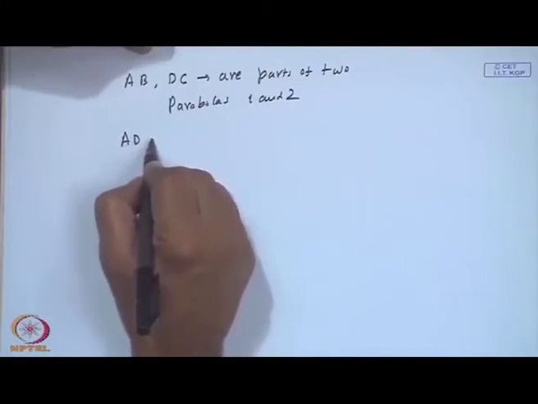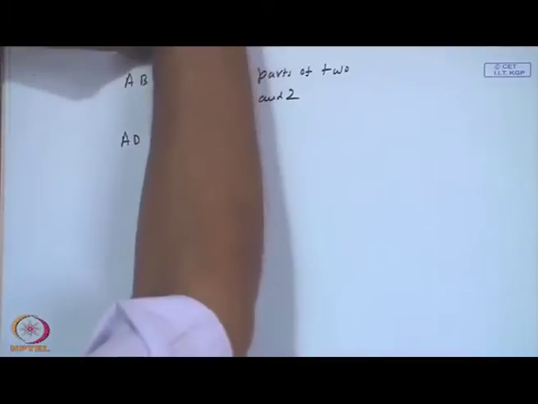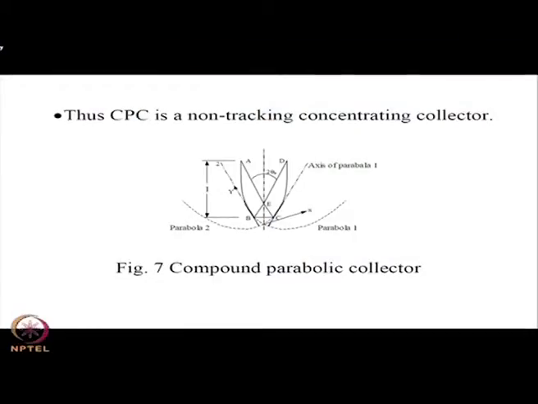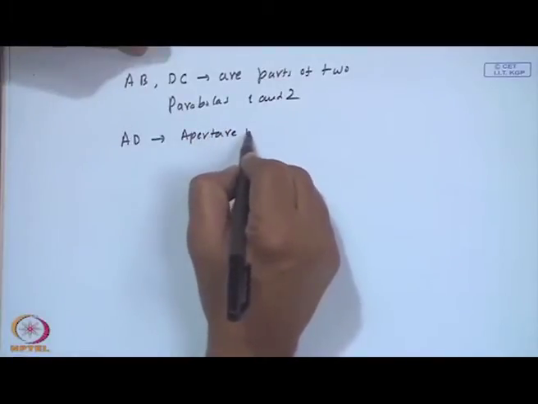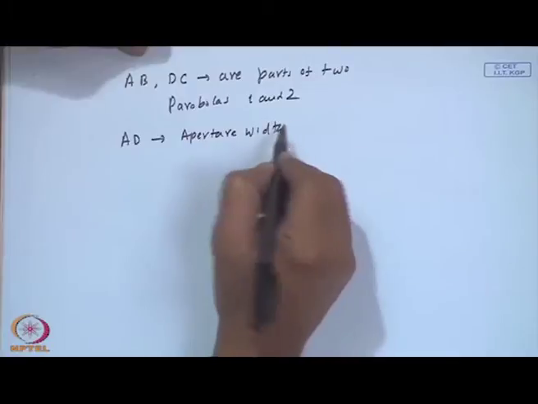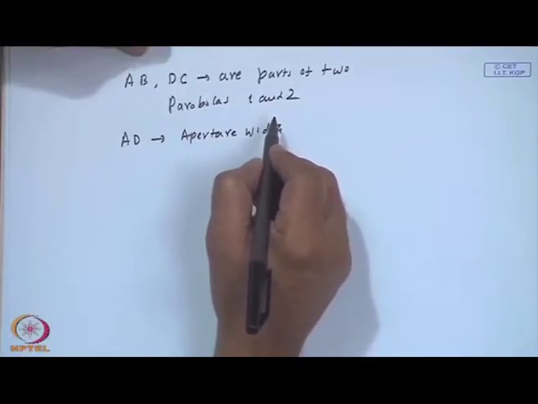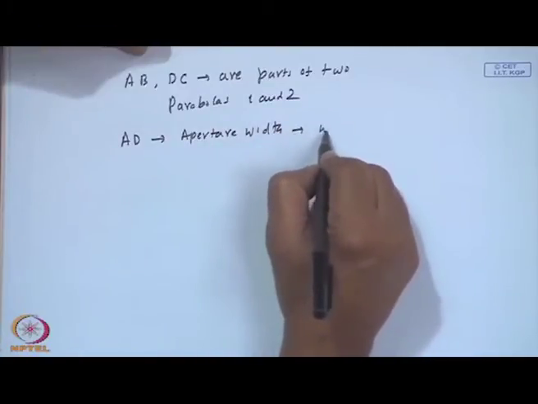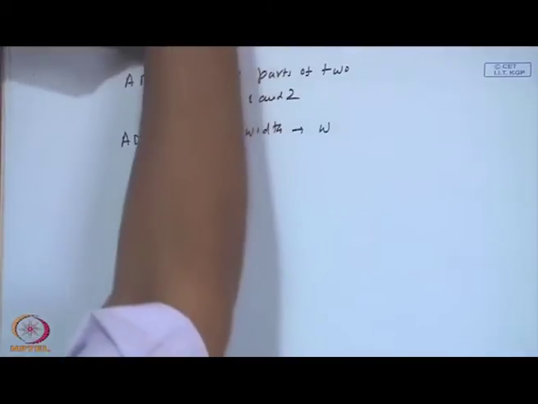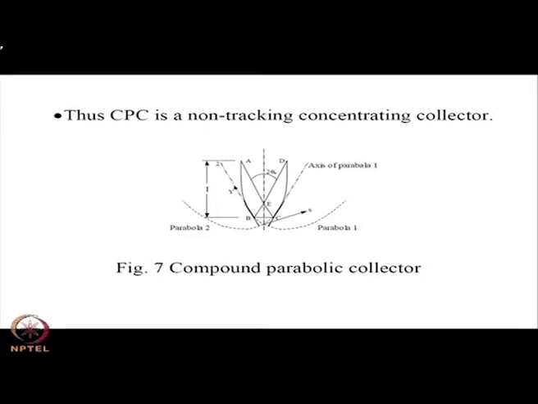AD is the aperture of width W; you can refer to figure 7.